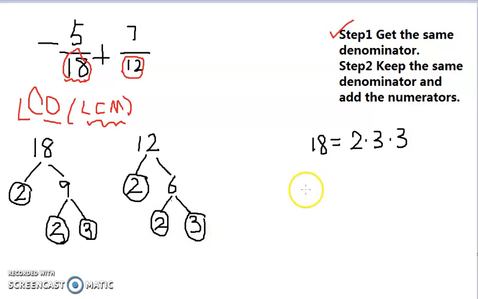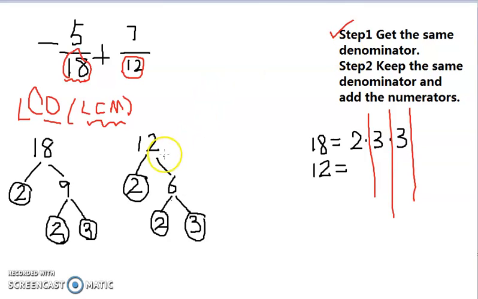We're going to write down 12 equals 2 times 2 times 3. But when we write down those numbers, we're going to try to line up the same number in the same column. If it's not the same number, we will create a new column. The first number, 2, we already have a column for 2, so let's put our 2 there.